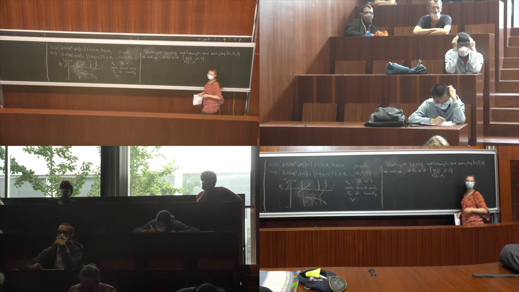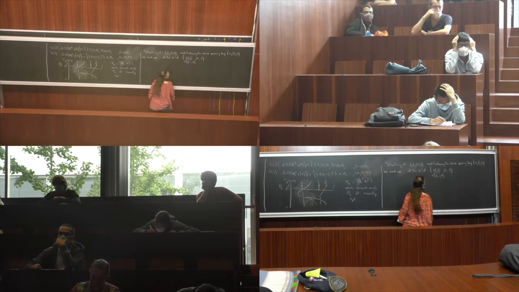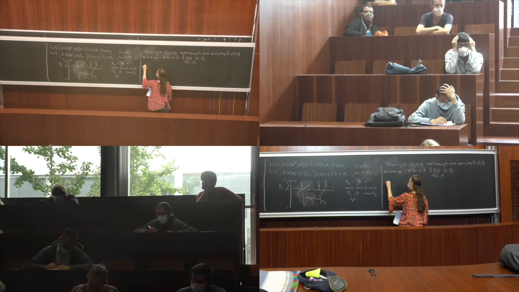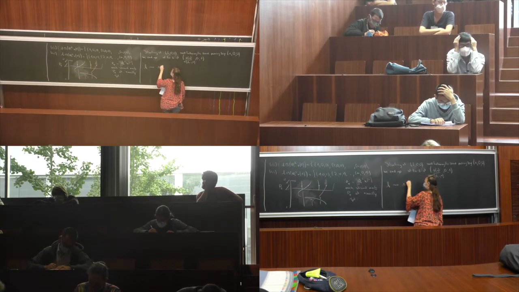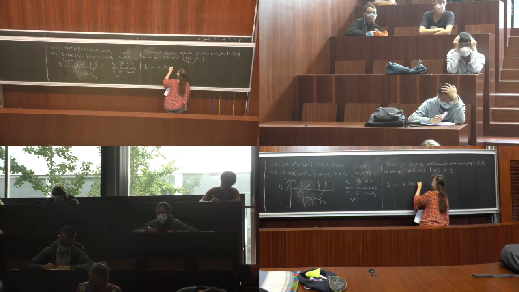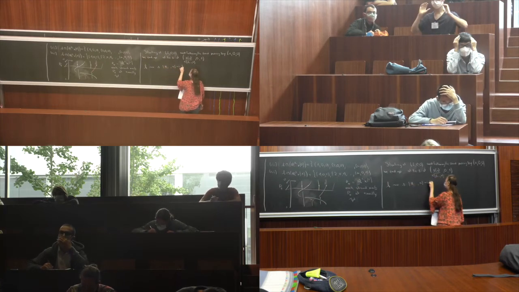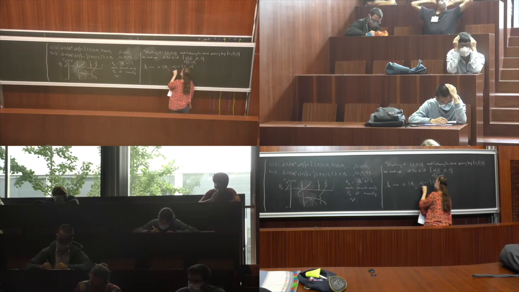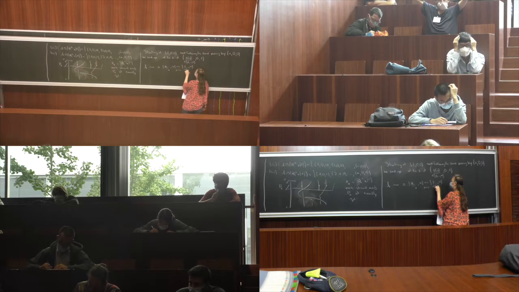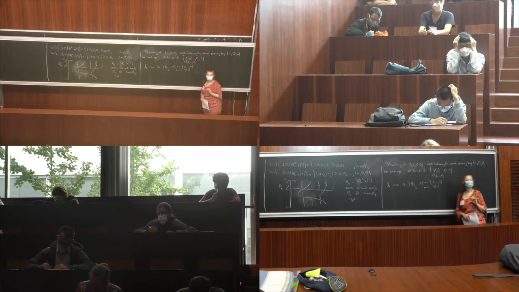So what I did is that given a braid B, I defined a map from 1 to n into 1 to n, and to i I associate s of i.